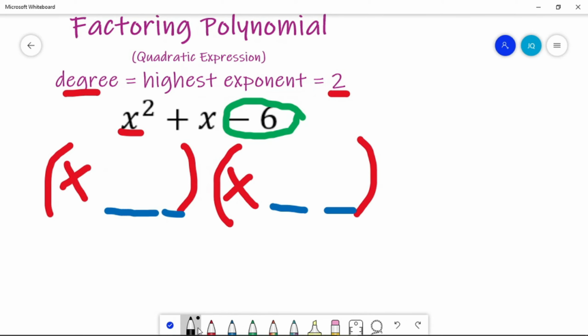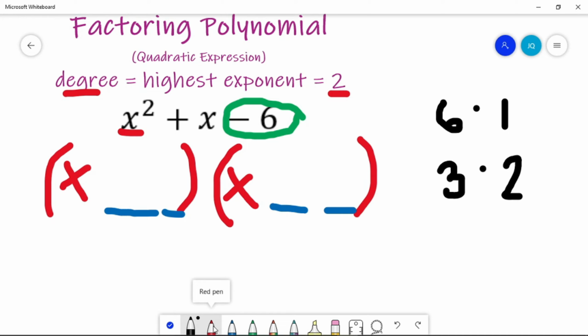The possibilities are 6 times 1 or 3 times 2. And since the product is negative and our operation is multiplication, the possible signs of these numbers could be positive and negative, or negative and positive.